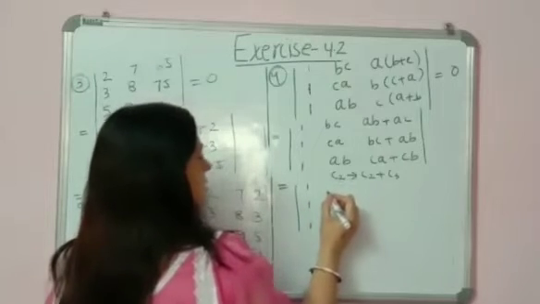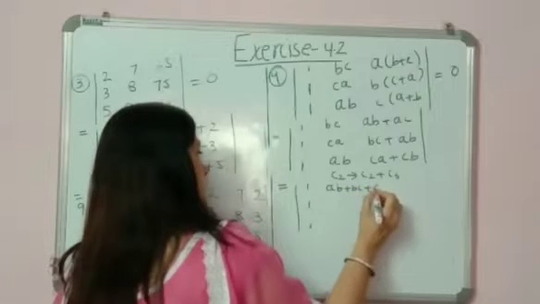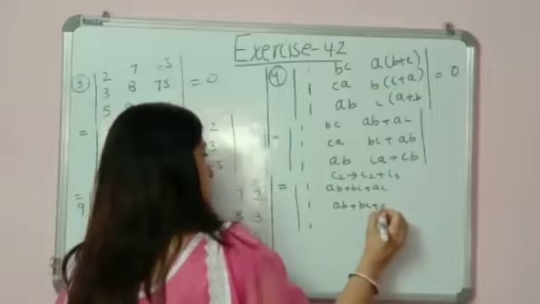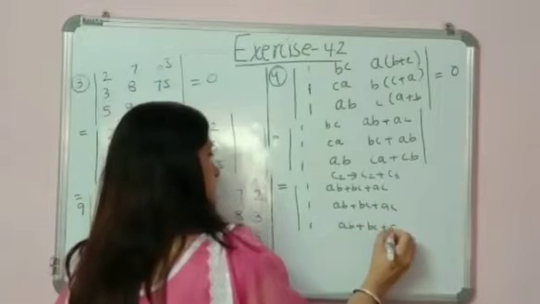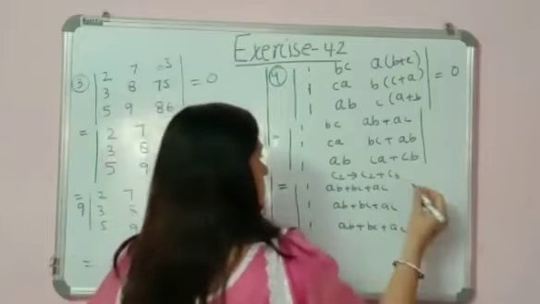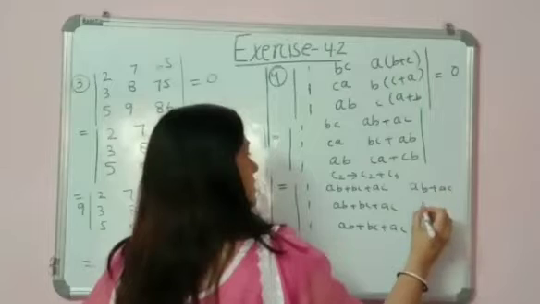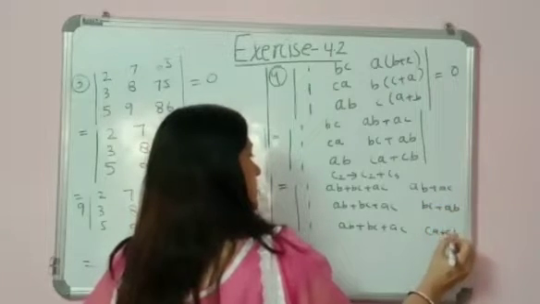Then C2 is changed to AB plus BC plus AC, AB plus BC plus AC, then AB plus BC and plus AC. And here you can write this as it is, AB plus AC, BC plus AB and CA plus CB.